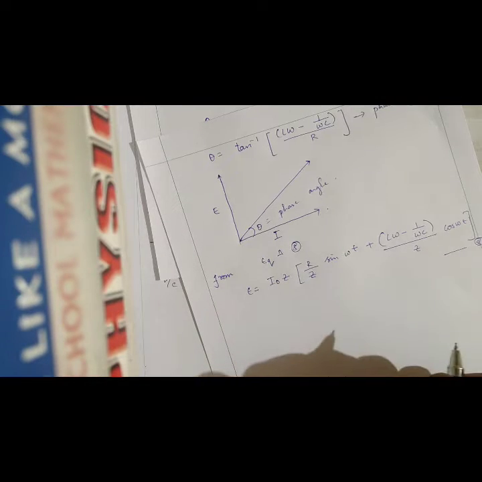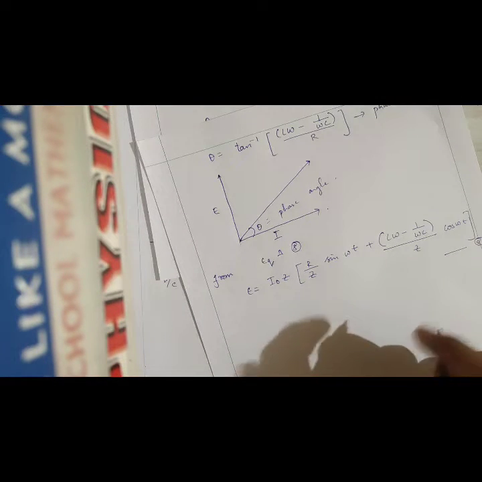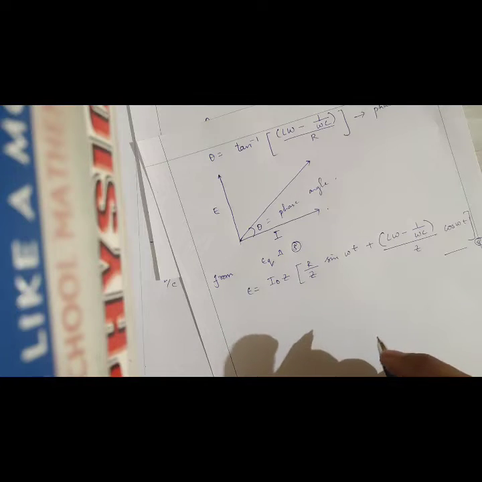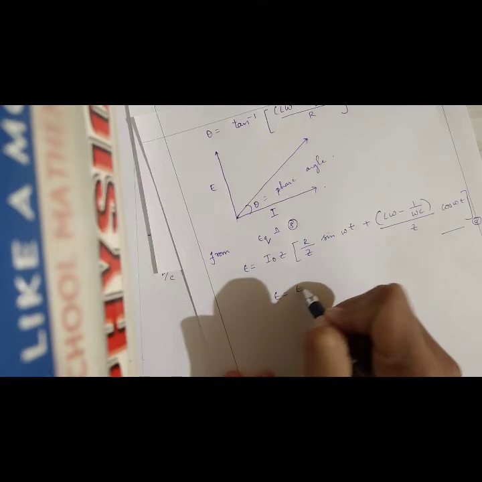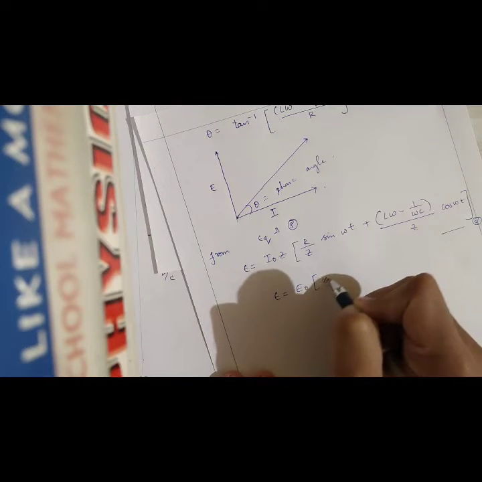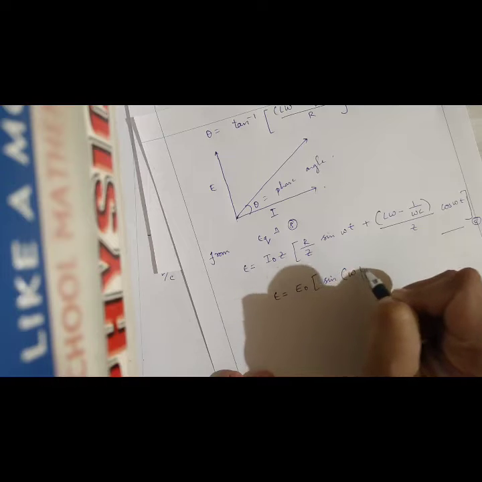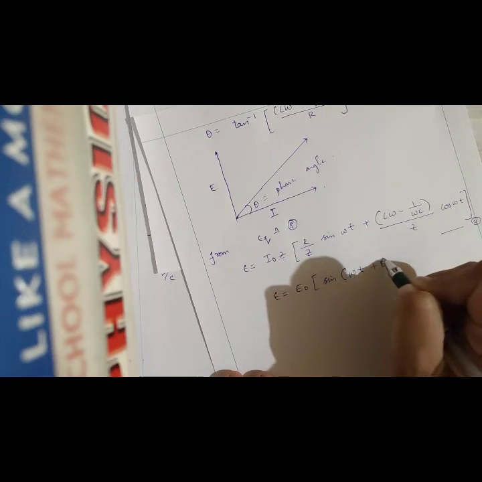With a little bit of calculation involving this equation number 8, you will again get the exact value of our EMF, and that will be E equals E naught sin(omega t plus theta).